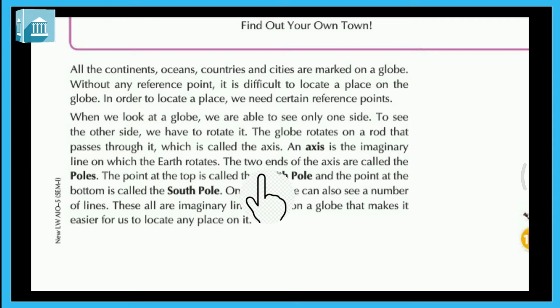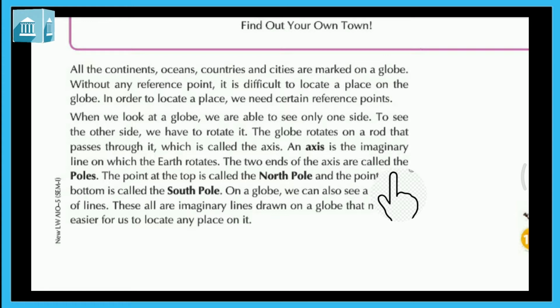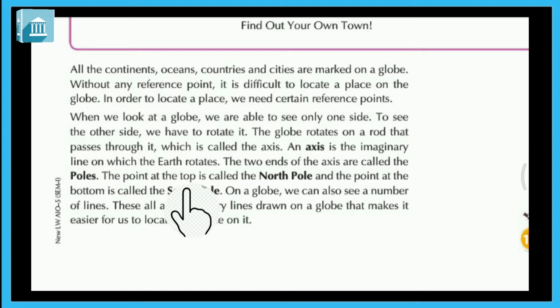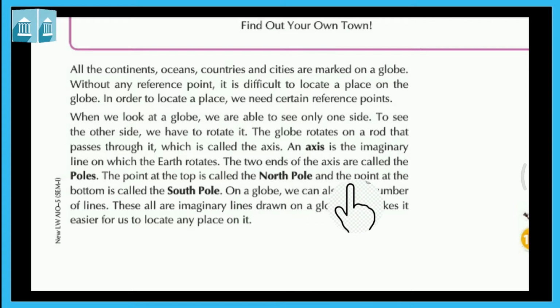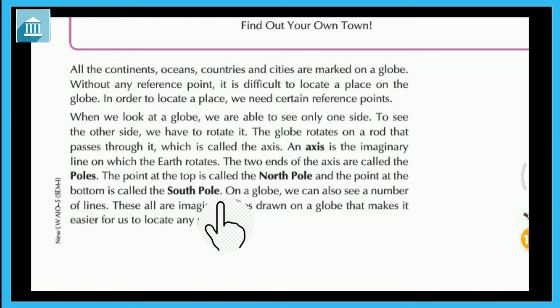The two ends of the axis are called the poles. The point at the top is called the North Pole and the point at the bottom is called the South Pole.